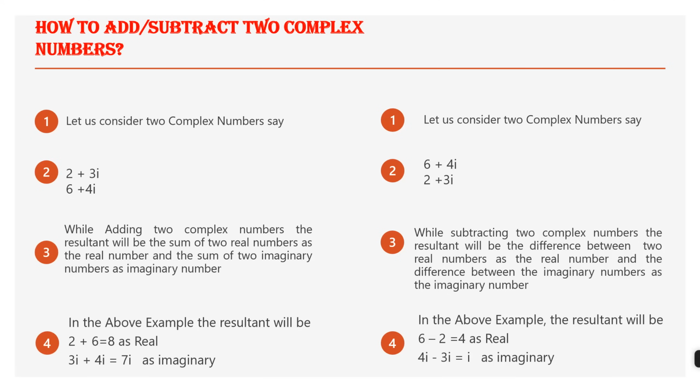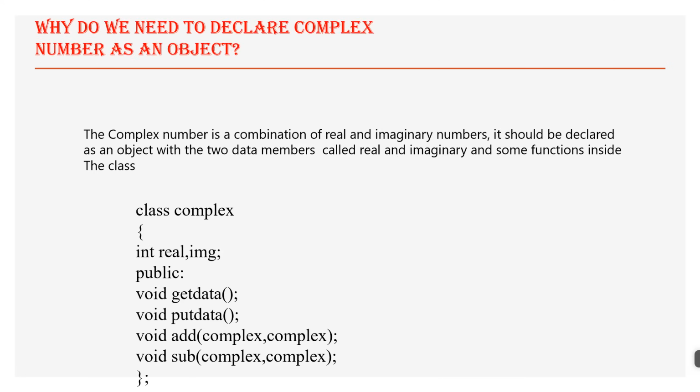Whatever example we take, the complex number contains two portions, real number as well as an imaginary component. So there are two components for a complex number. Let us say they are real component and imaginary component.